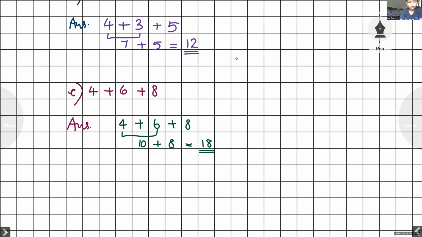Now, those who have completed question number C, please take workbook, part 1, page number 20.